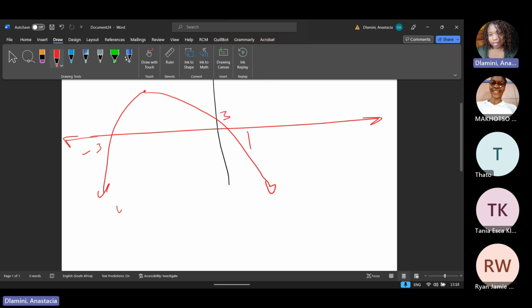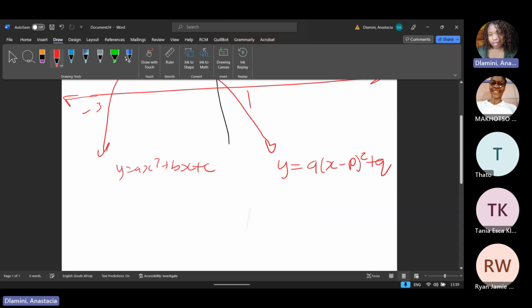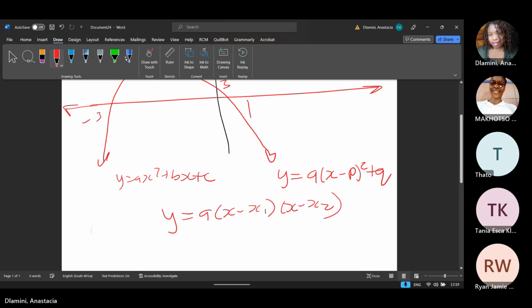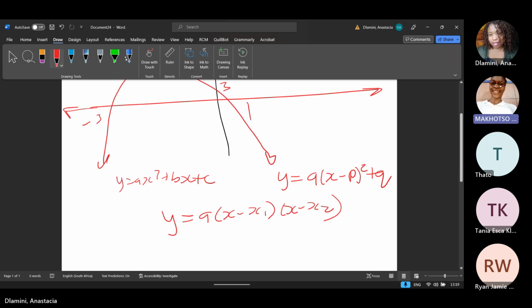Which one do you think we'll use? y equals ax squared plus bx plus c, y equals a(x minus p) squared plus q, or y equals a(x minus x1)(x minus x2)? We'll use the third one, ma'am. Thank you.